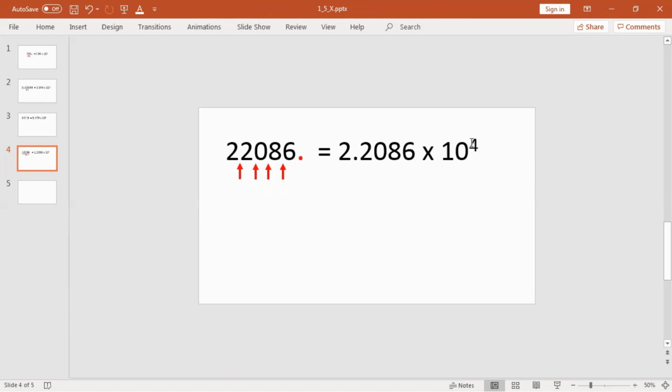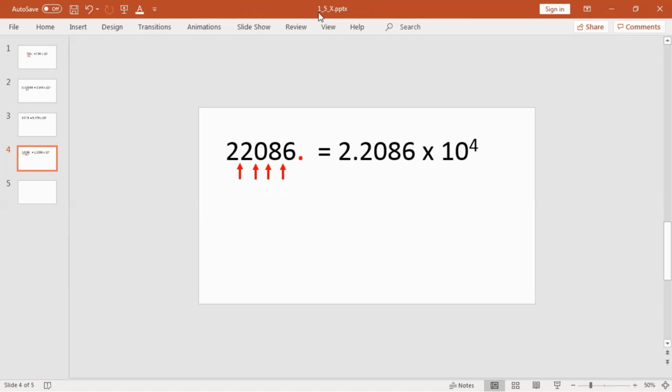So that corresponds to the exponent here. And in doing that, we do create a mantissa with only one non-zero number to the left of the decimal point. There we have it. At least now I'm also using the correct terminology to describe all this.